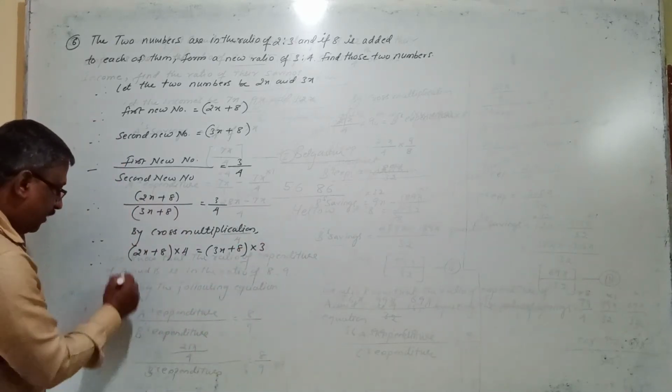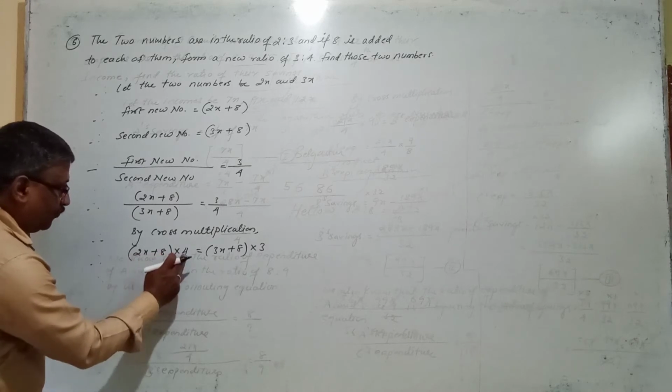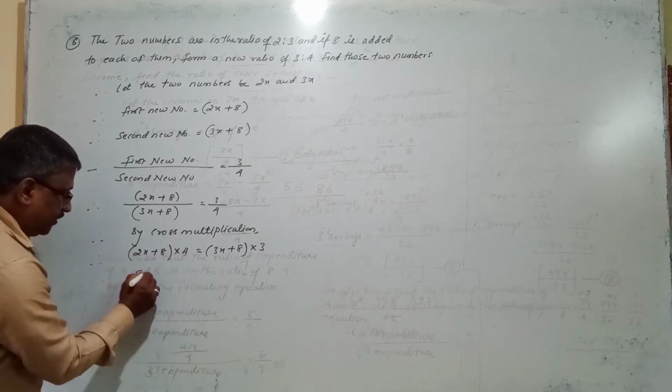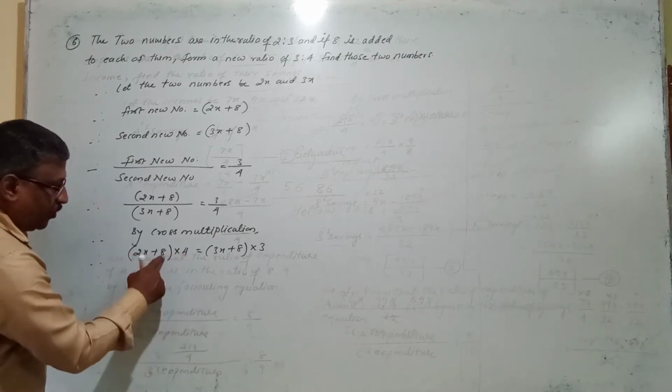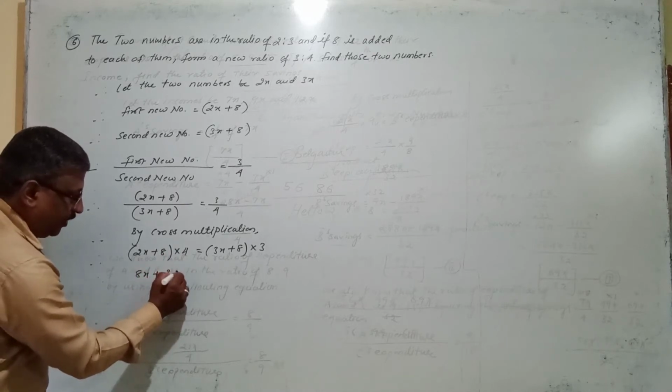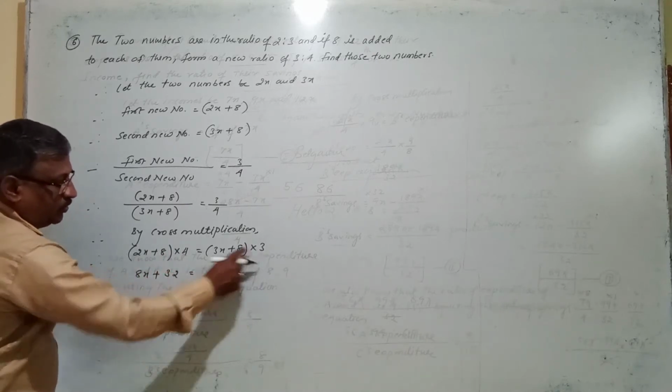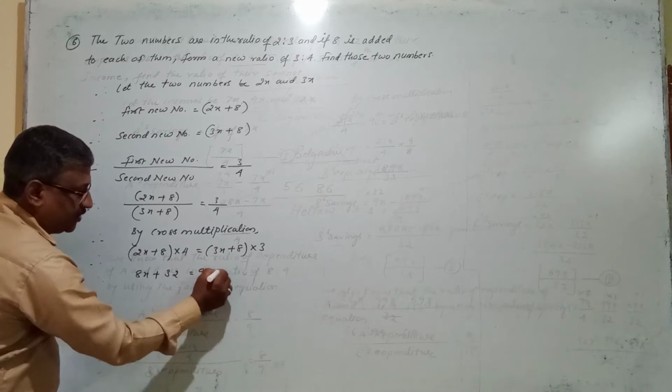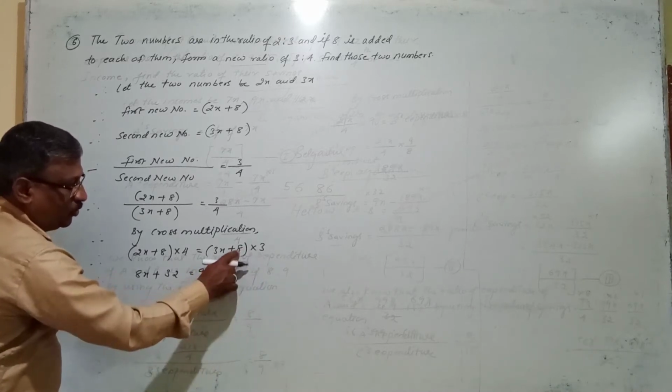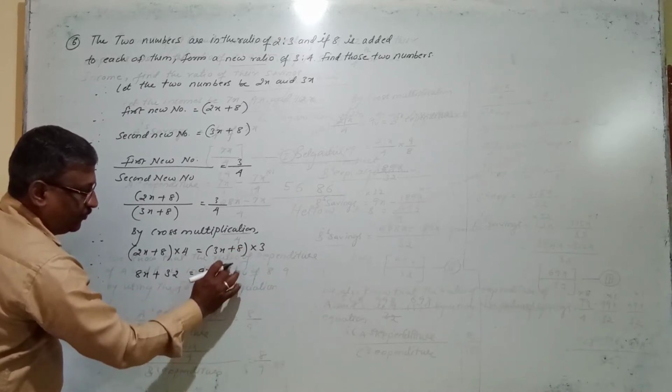Open the brackets: 4 into 2x is 8x, plus 4 into 8 is 32, equals 3 into 3x is 9x, plus 3 into 8 is 24.